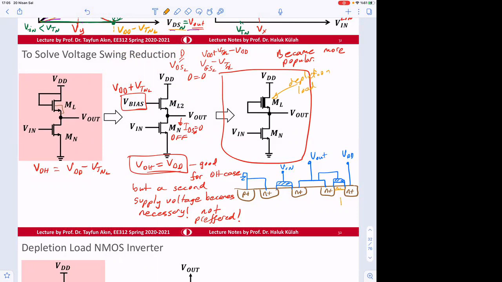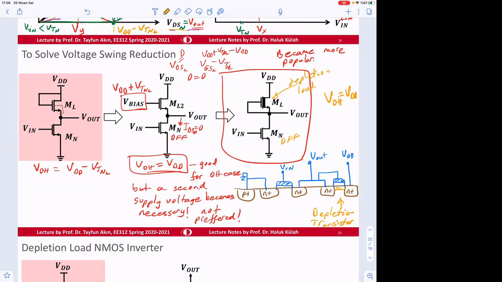Okay, so this becomes depletion transistor. And just by doing that simple addition, output high becomes VDD when this is off.